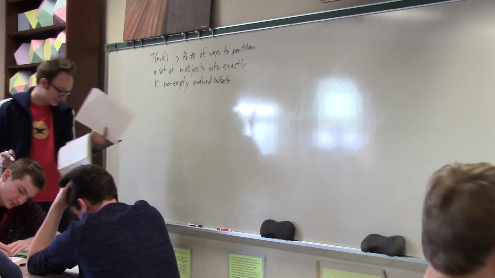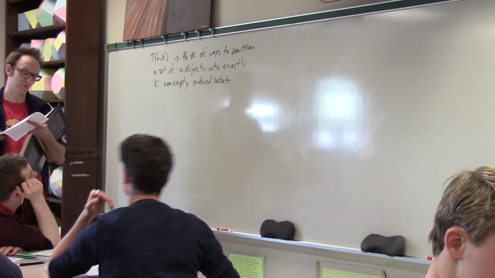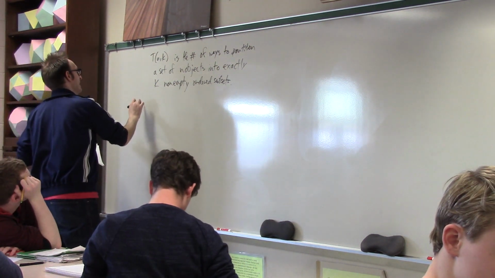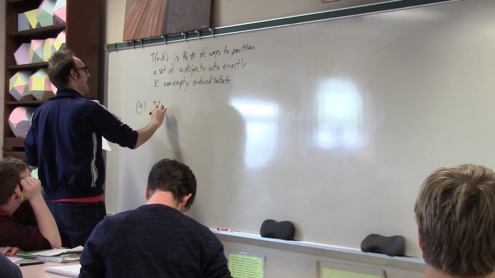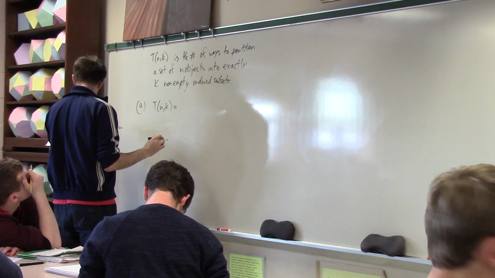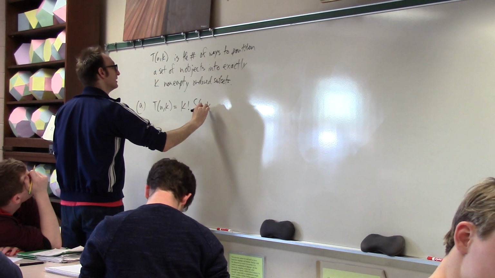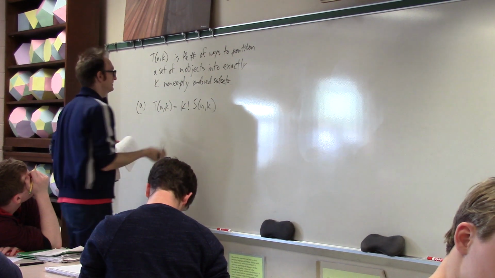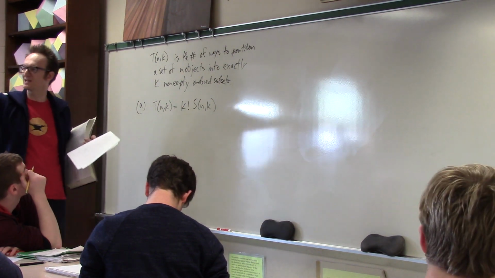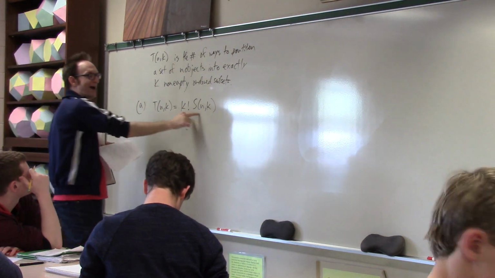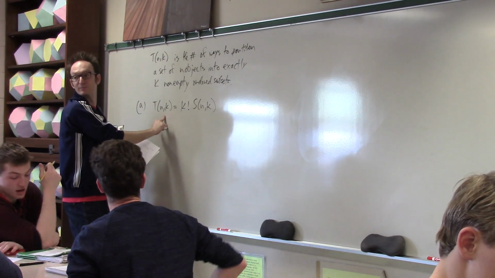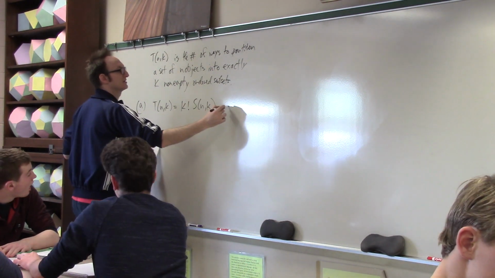And all right, step one, prove that. So A says prove that T(n,k) is k factorial times S(n,k). Okay, well, just duh. Because that's just what you do, right? You have them unordered and then you just order them. Okay. All right, so that's done.